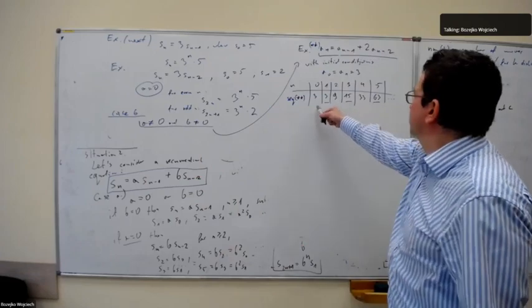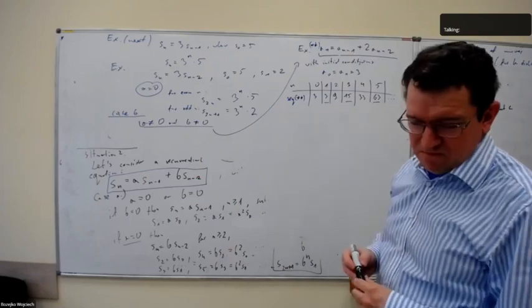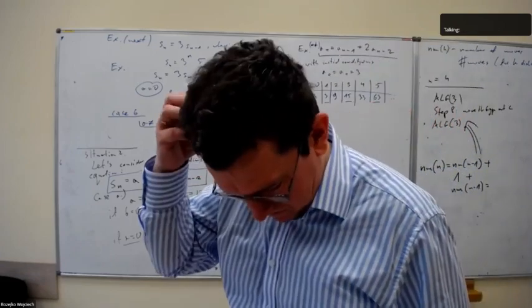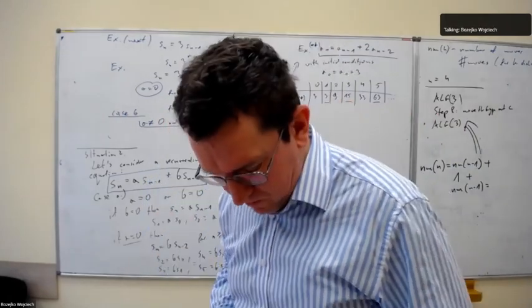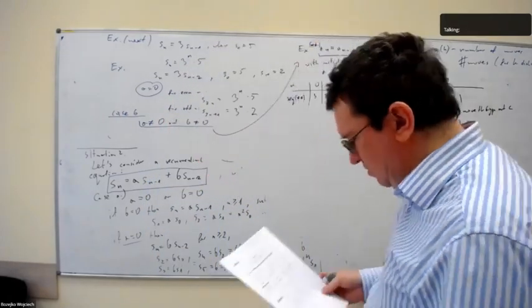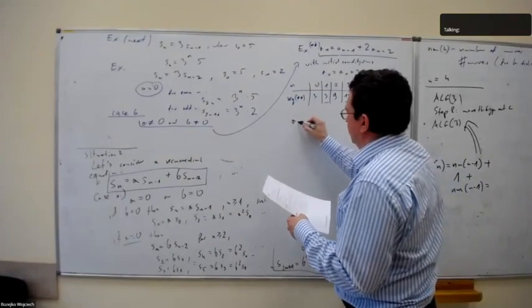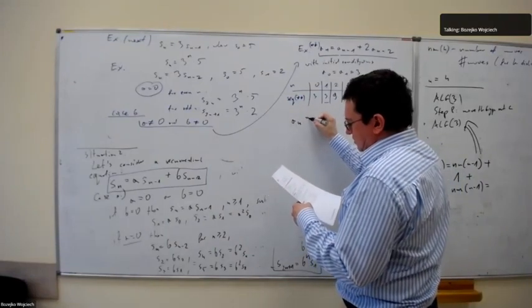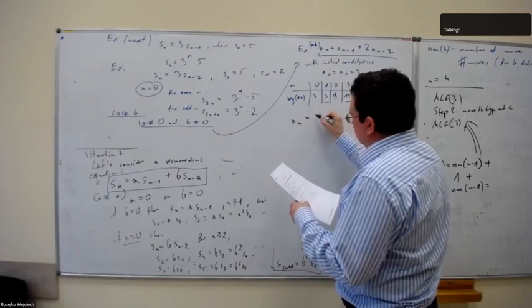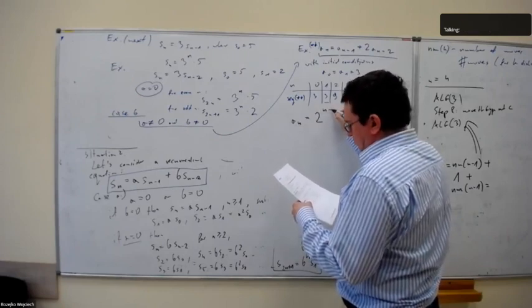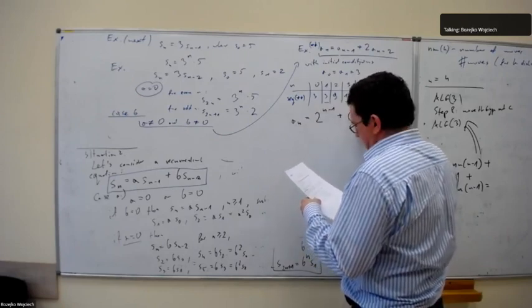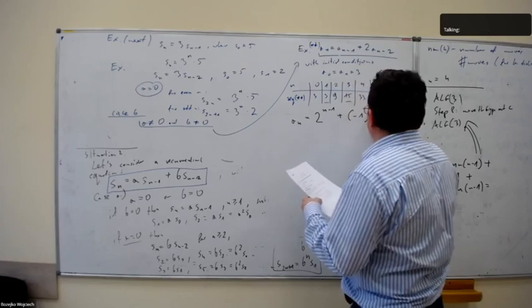But the rest looks more difficult. So I will write the general form, a_n equals 2 to the power of n plus 1 plus minus 1 to the power of n.